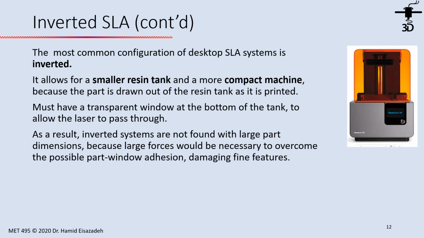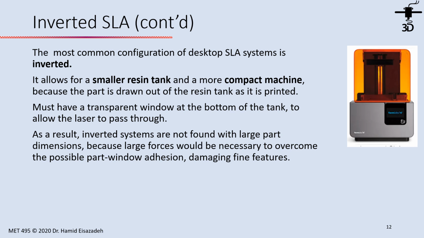One challenge that we have in the inverted SLA is that the build platform has to be transparent, and that allows the laser to pass through. If it is not transparent, then we cannot work with this method. Also, if we have a large part, we will have some problems, because a large part requires larger force, right, to keep the part attached to the build platform.